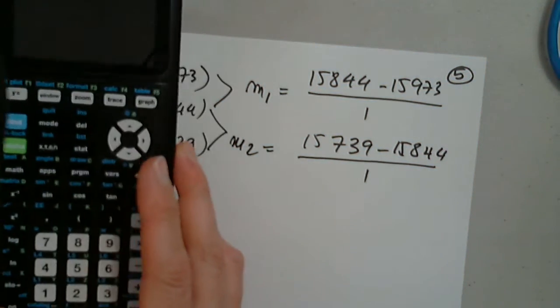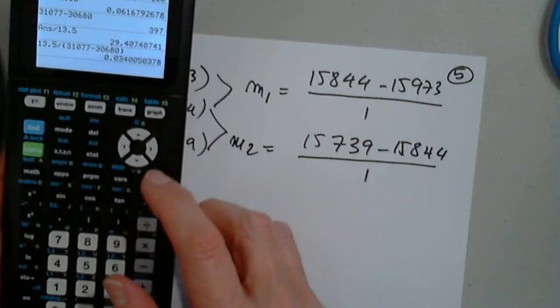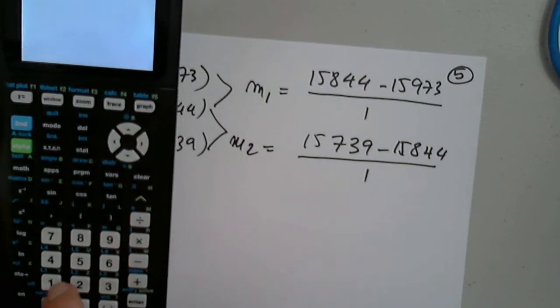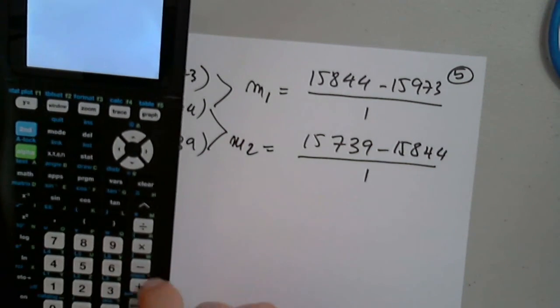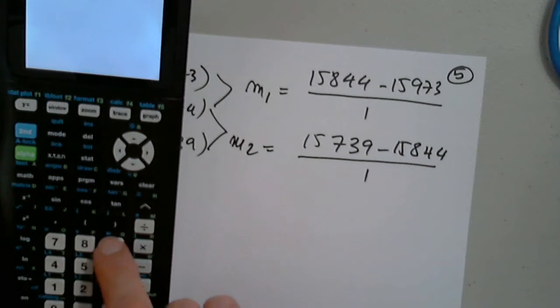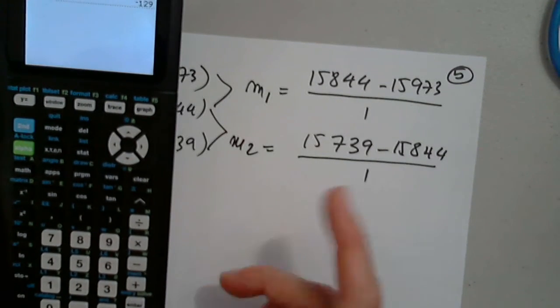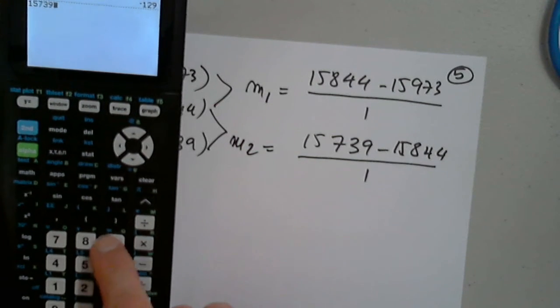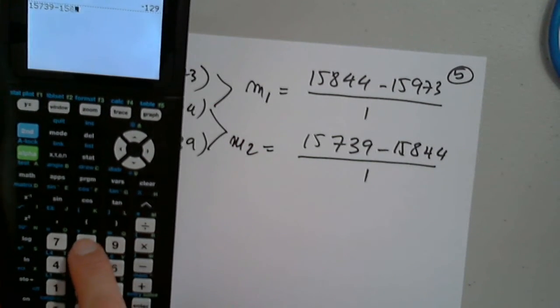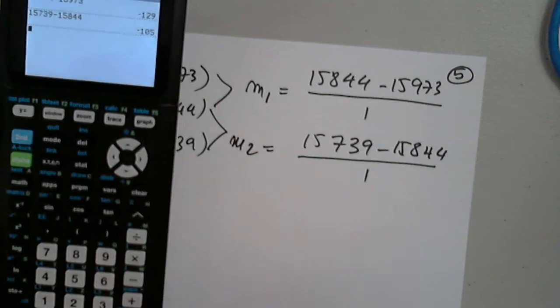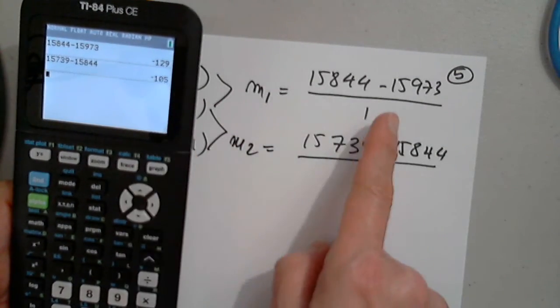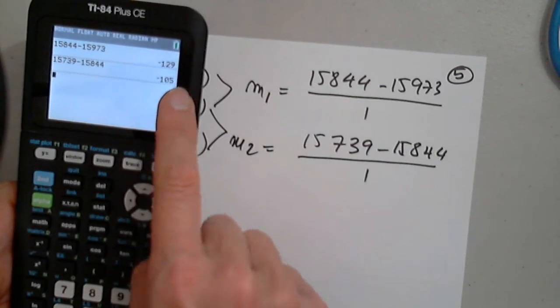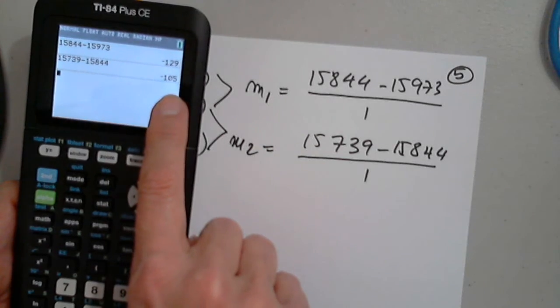It appears to me that that was steeper than this. But you could be right, and I could be wrong. Sometimes the graph may be deceiving. 15,739 minus 15,844. Yes, so this is negative 129 per day, and this is negative 105.